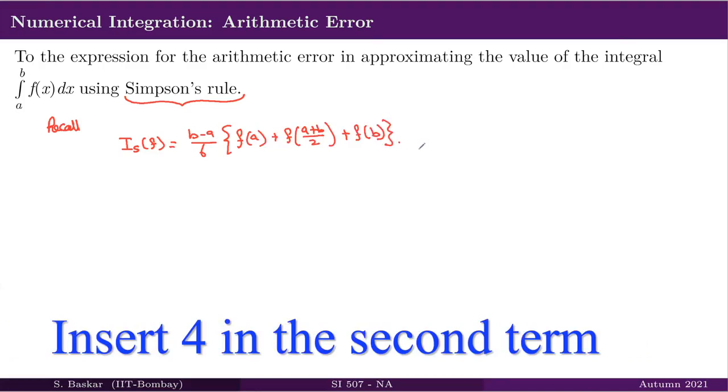This expression will involve an arithmetic error, well, if there is a rounding or any kind of floating point error in either the node points or the function values or both, then the computation will also involve arithmetic error, right?